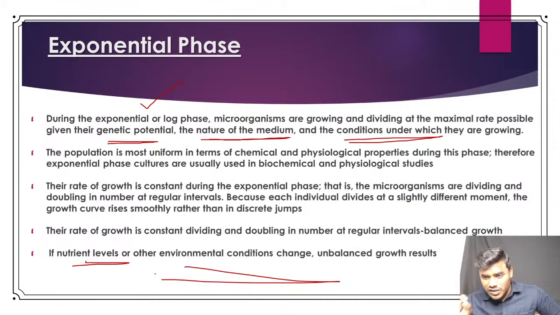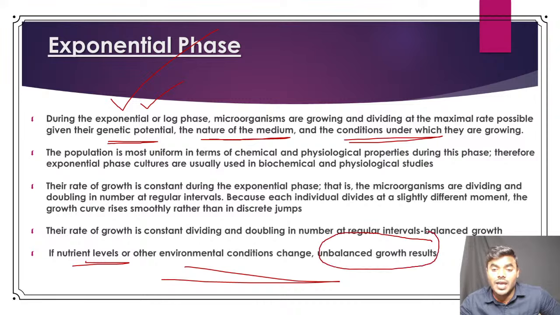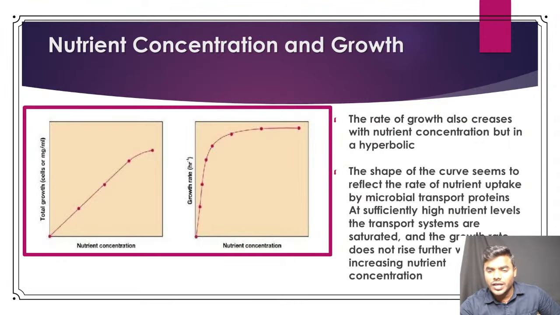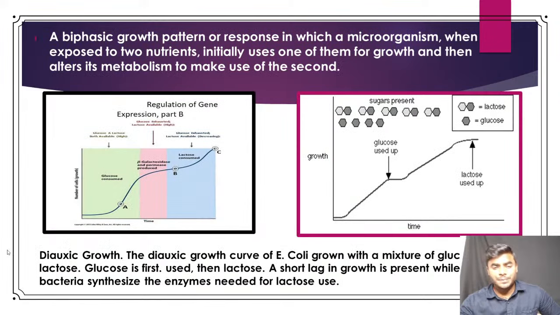Do you think the microorganism can grow exponentially? No, not at all. Do you think they can show the balanced growth? No, not at all. Friends, undoubtedly, they are going to show the unbalanced growth only. If a particular microorganism wants to grow exponentially all the time, there should not be competition and there will be an adequate amount of nutrients.